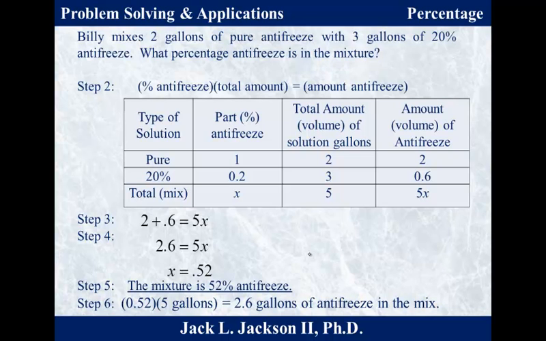So the mixture that we come up with will be 52% antifreeze. Closer to 20% than it is to 100% because we have more 20%. So that makes sense. And if we do 0.52 times 5 gallons, we end up with 2.6 gallons of antifreeze, and sure enough, 2 plus 0.6 is 2.6, so that checks out.